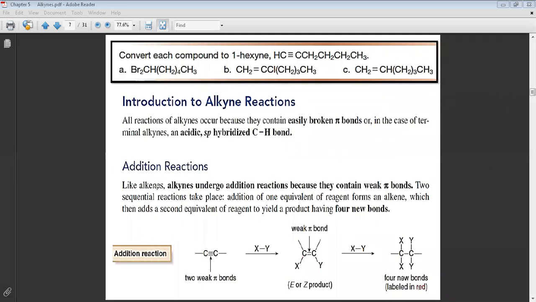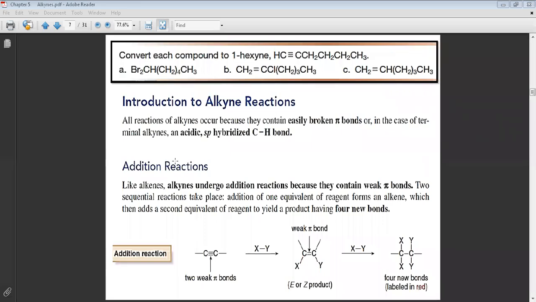Now, the first type of reaction an alkyne compound can undergo is addition. Why addition? Because the alkyne is an unsaturated carbon with a double or triple bond, meaning it can accept atoms or an electrophile to be added on the double or triple bond.